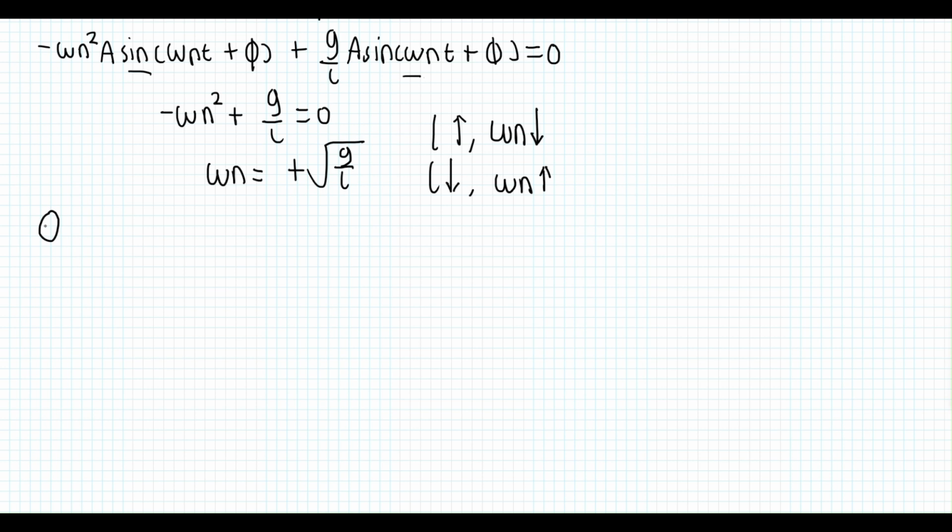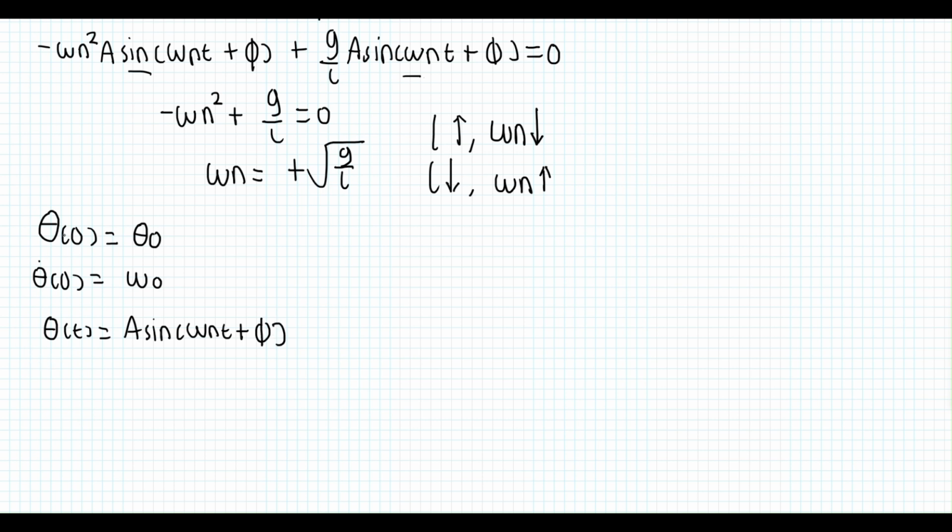So now let's take a look at the two other equations needed to solve for our unknowns. The first thing we know is that theta at time t equals 0 is equal to our initial displacement of the pendulum. And the second thing we know is that the derivative of theta at time t equals 0 is equal to our initial angular velocity, omega naught. So we also know that theta is equal to a sine omega nt plus phi.